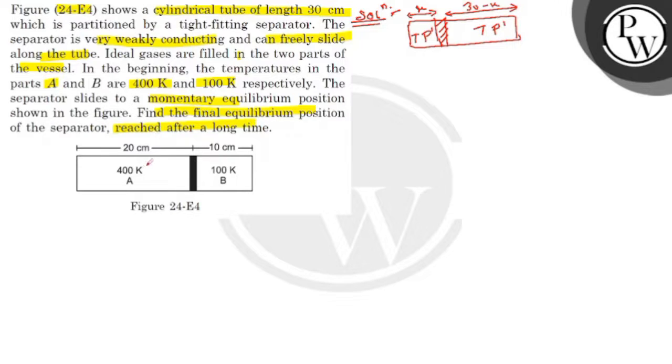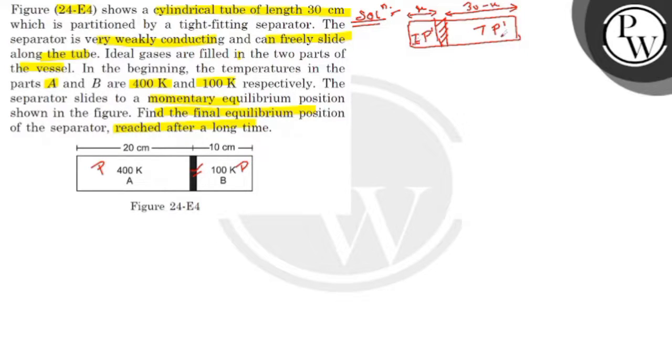Here is our first case, whose length is 20 centimeter and here is 10 centimeter. Here is 400 Kelvin temperature and here is 100 Kelvin temperature. The pressure of both will be the same, so let's consider both having pressure P1. The middle wall is weakly conducting, so after a long time the temperature of both will be equalized.